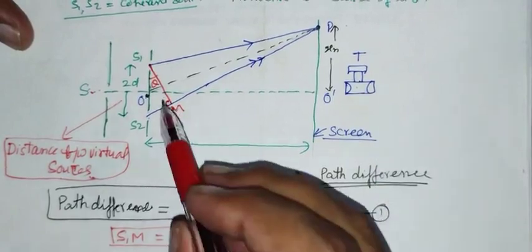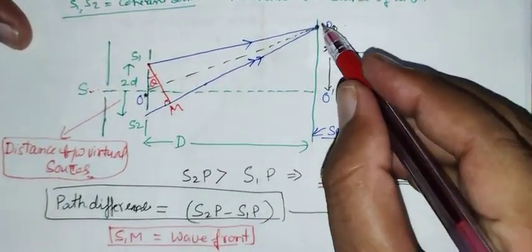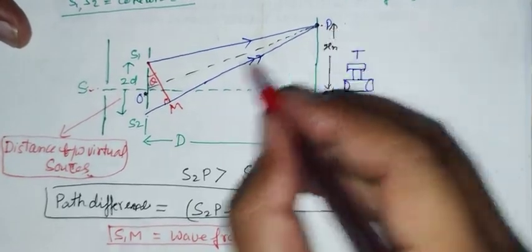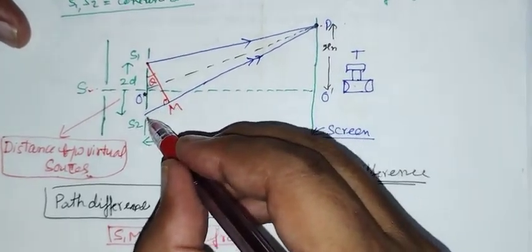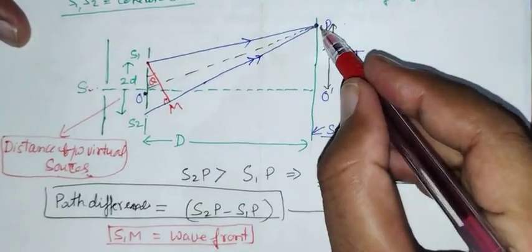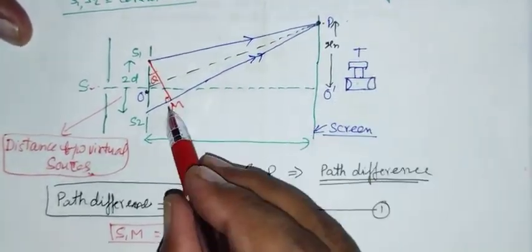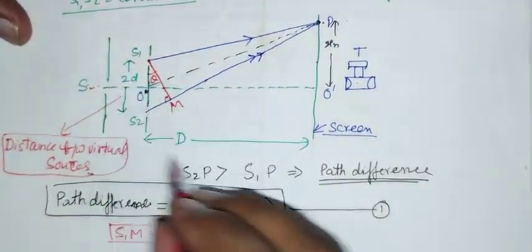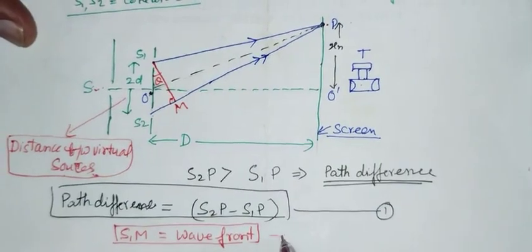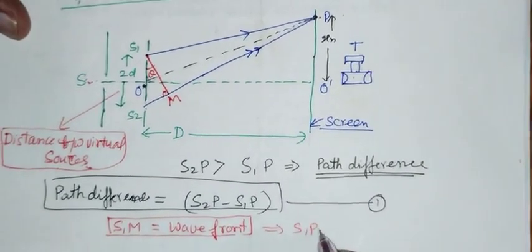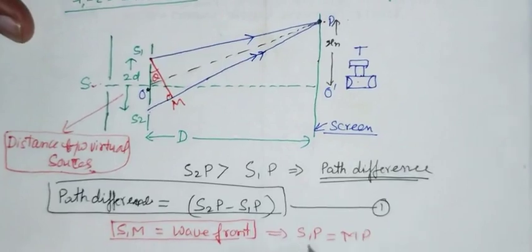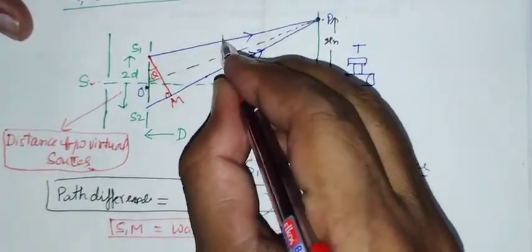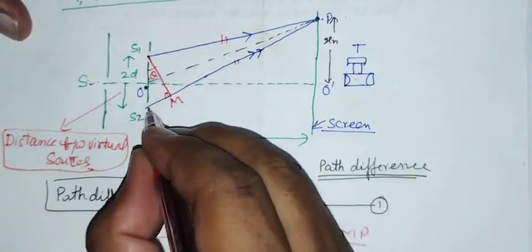Now see very carefully here. When we move P down, M starts shifting towards S2. As P approaches O dash, M approaches S2. This construction implies that S1P is equal to MP, so S2M is the extra path.